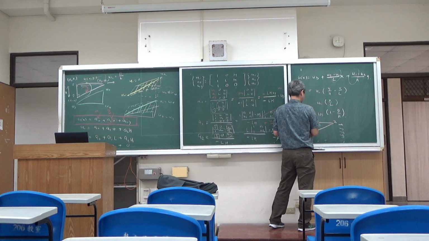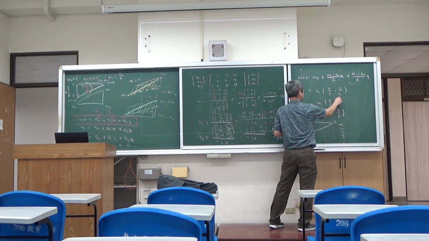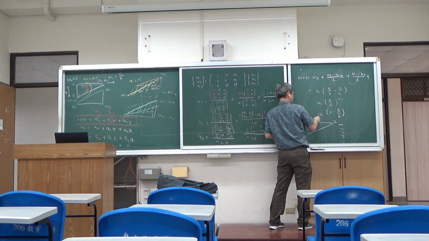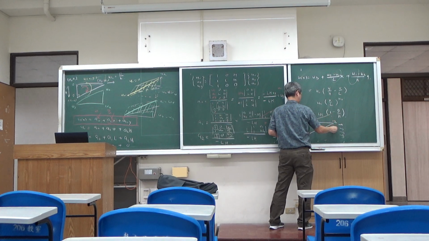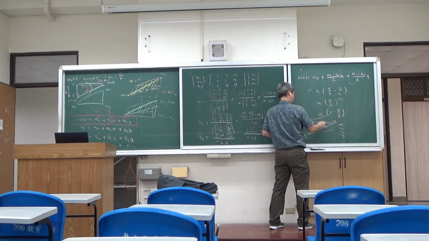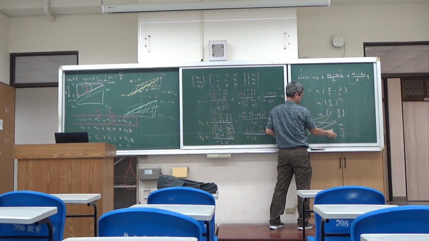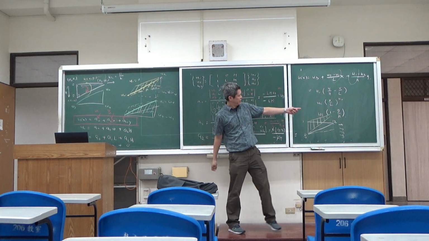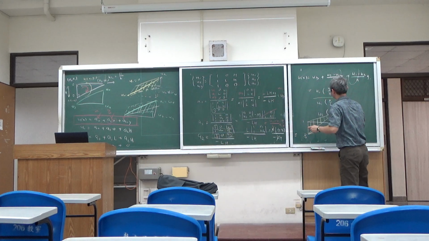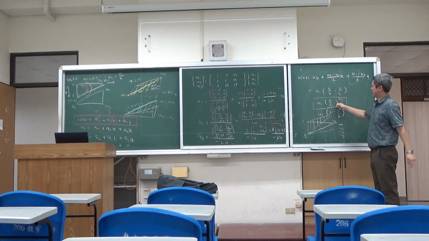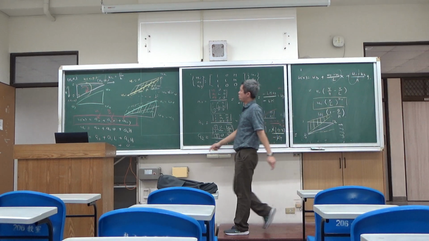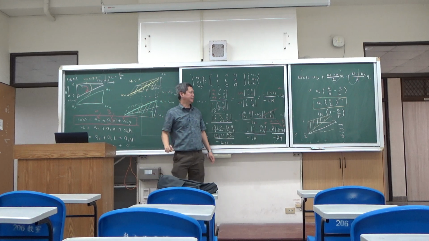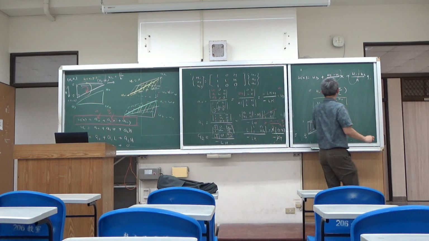The inference is going to be n2. Do you see that? N2 is what was predicted.